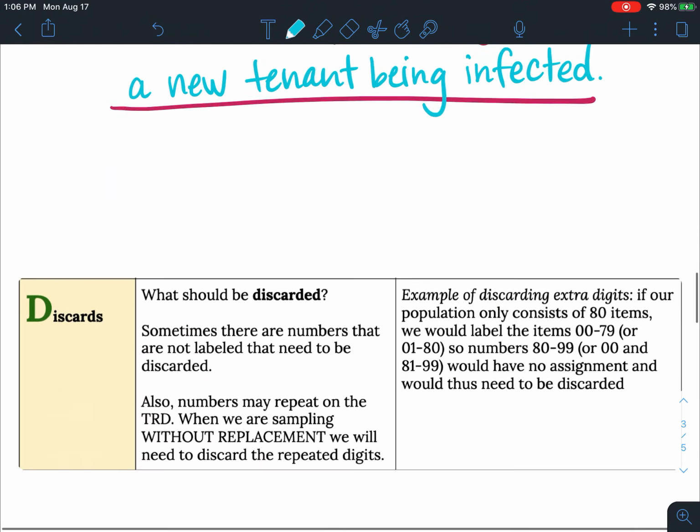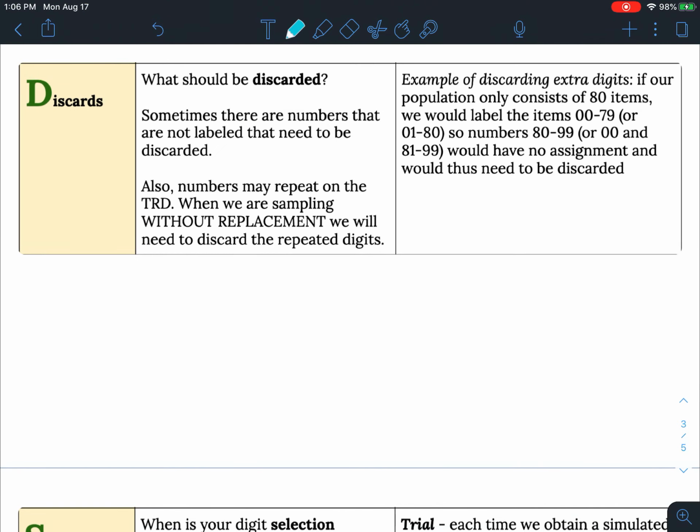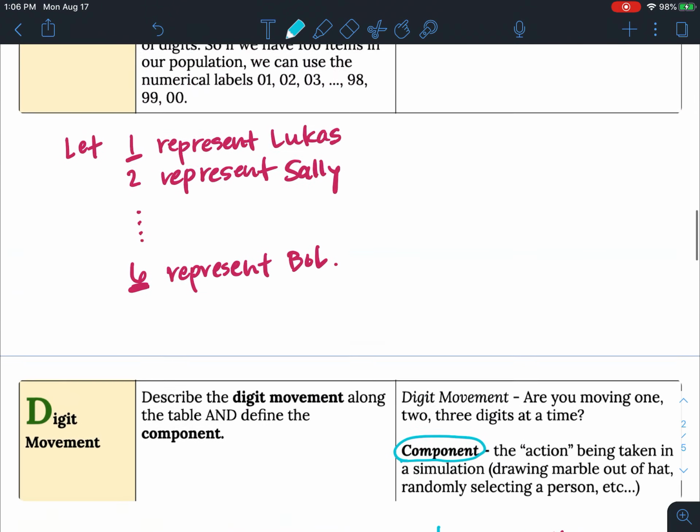Our goal as we're writing or describing this simulation is for someone to be able to follow your instructions and replicate it themselves. So they need to know, what am I supposed to do with this number 9? It's not assigned to any value back up here.